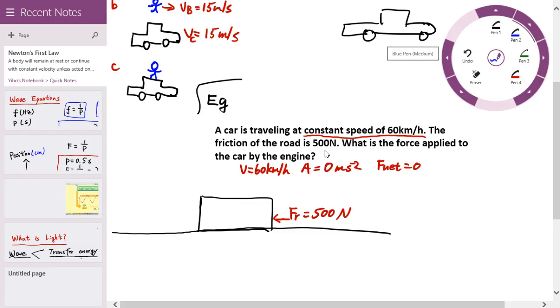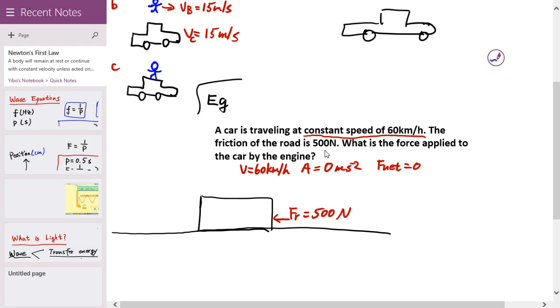The solution is, since there's no acceleration, the net force is zero. The engine pushes the car in the direction of motion, the driving force of the car. However, there's no acceleration, meaning the net force has to be zero, so these two forces must be the same.